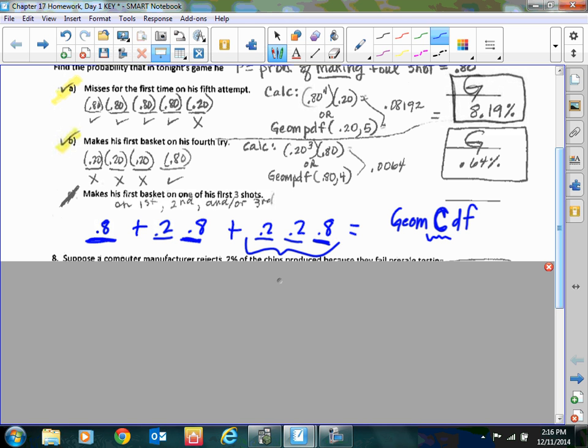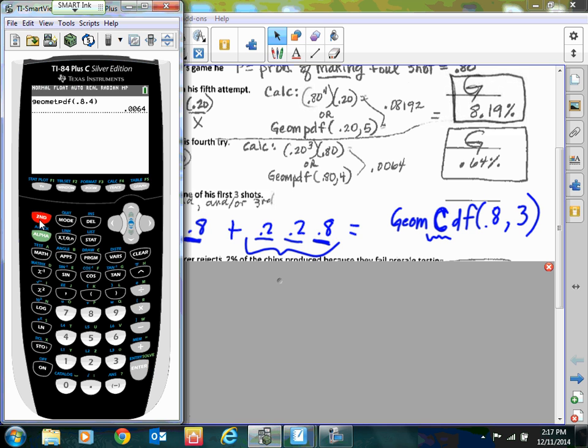So I'm going to do geometric CDF, and I want that 80% to land in all the places up to and including the 3rd spot. So here's how that's going to look. Geometric CDF, he makes it up to and including the 3rd spot, and so that adds all of them together, 0.992. So there's a 99.2% chance that he's going to make it somewhere in those 3.